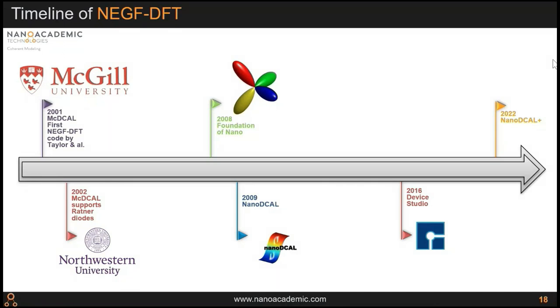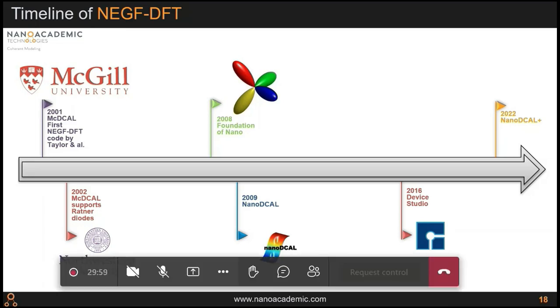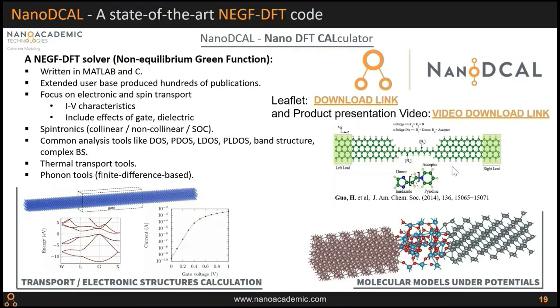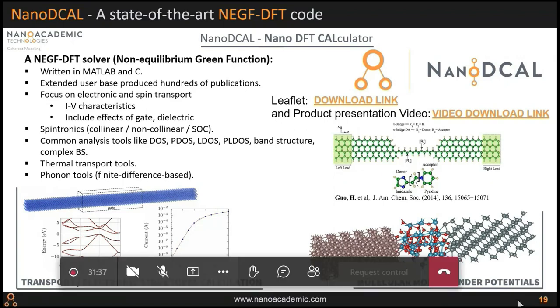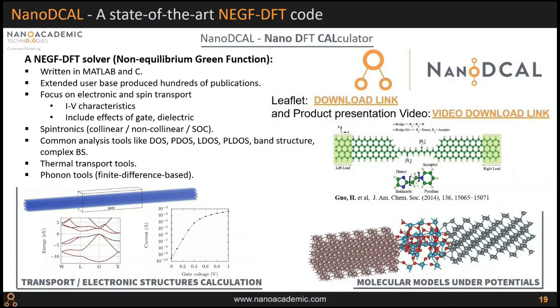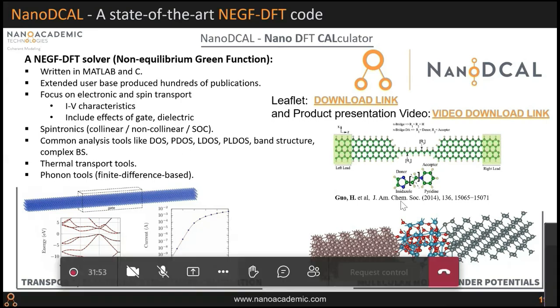In 2002, they set out to do some calculations with Nanodcal to support Ratner diodes. So these are possible molecular junctions that act like transistors, so you can add gates and dielectric, and produce IV characteristics versus bias, gate voltage, etc. And for material analysis, it comes with all analysis tools like DOS, PDOS, LDOS, projected local DOS, etc. So here shown on the right, that's the kind of structure you can build and study.